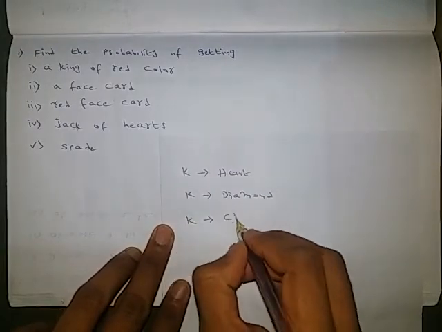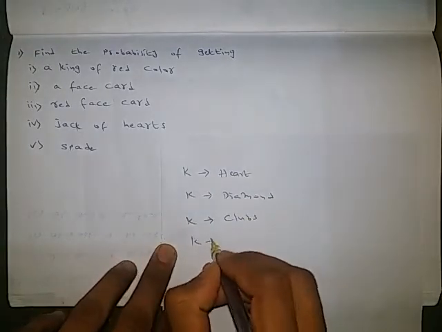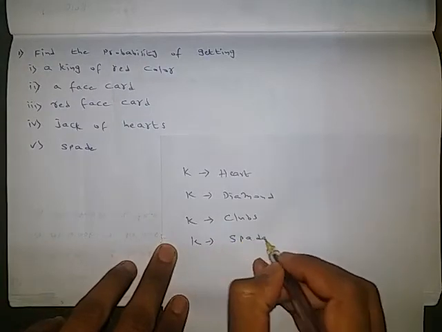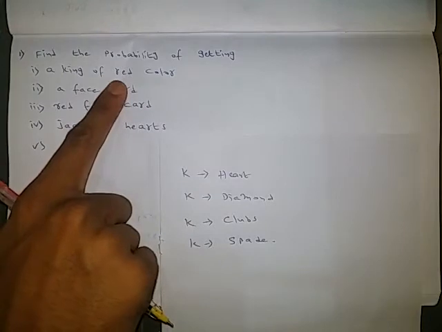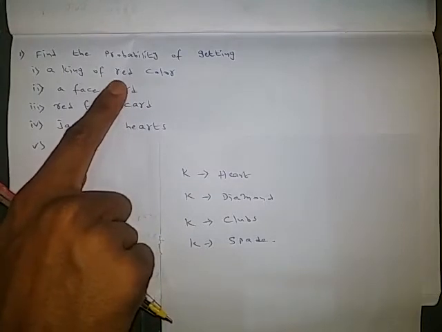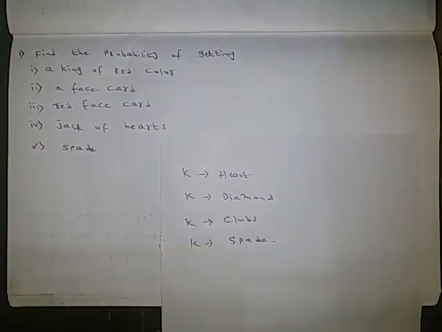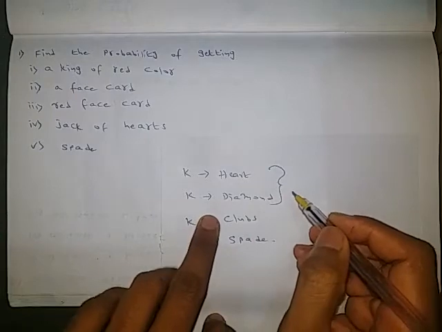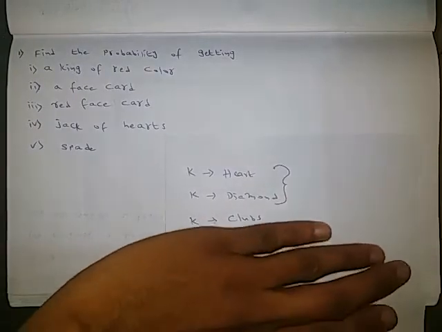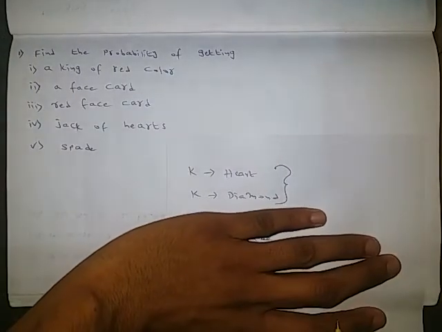Then we want red color king only. Hearts and diamonds both are red color. It means we have 2 red color kings.